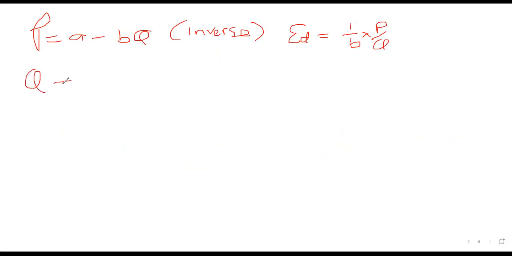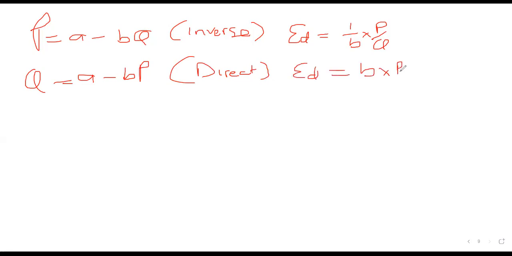If you're given in terms of the direct demand, we use a direct demand function. So elasticity of demand is simply B times price over quantity.